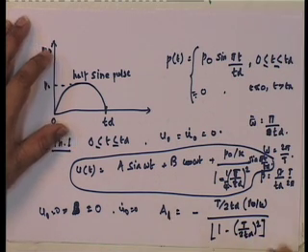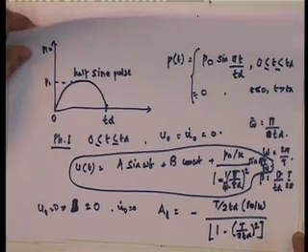So, if I look at the total solution, I substitute A1 here and take P naught upon k outside.